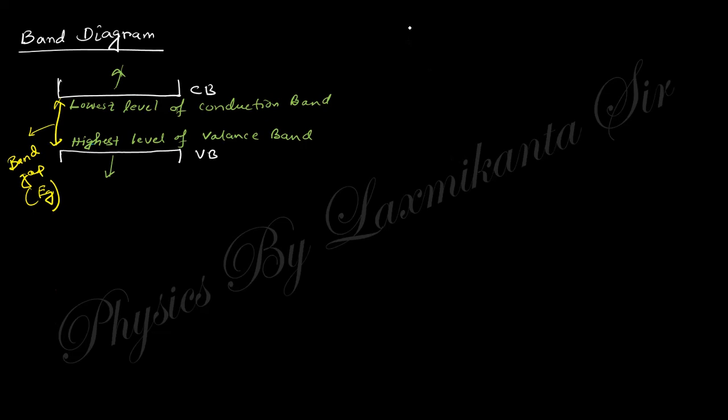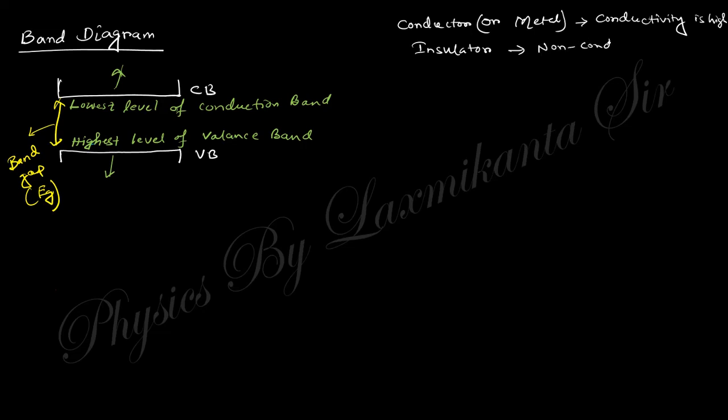In a conductor or metal, you can say the conductivity is high. In an insulator, conductivity is very poor, it is non-conducting.